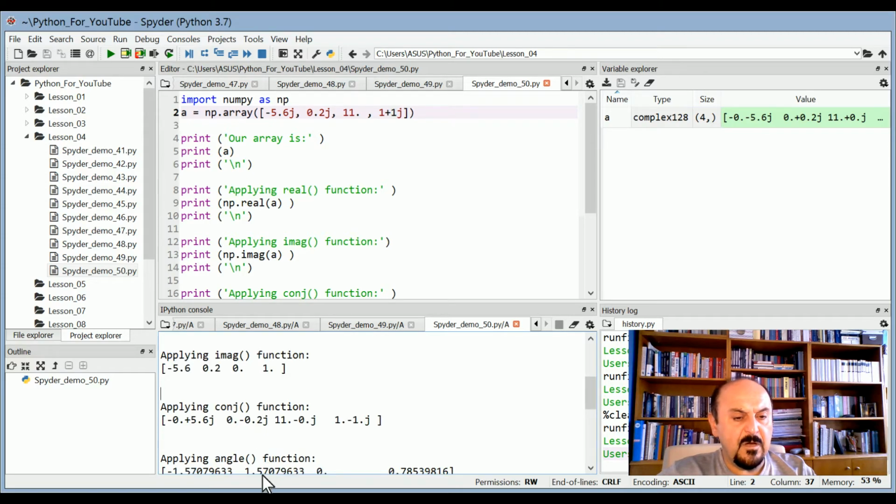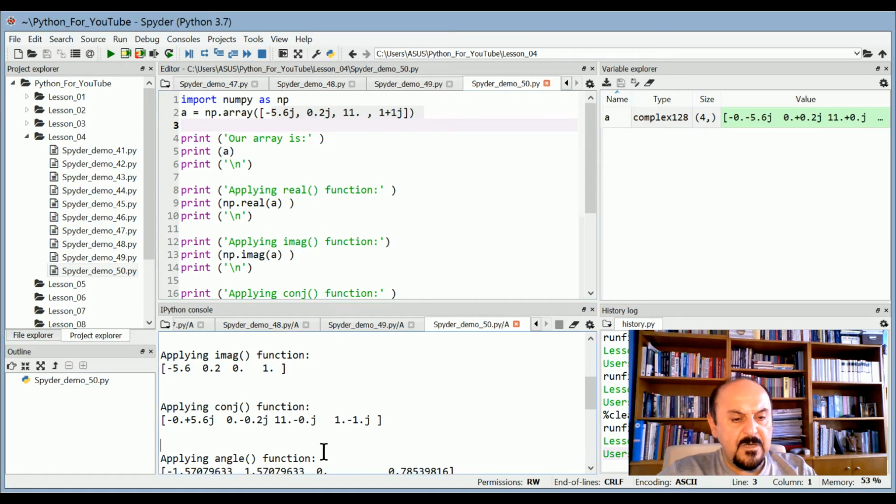Okay, after applying the conjugate function, these are the results. It just changes the sign: -0 plus, this is converted to plus, and this is also converted to -0.2.